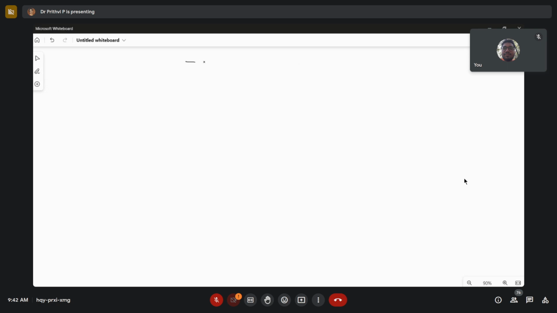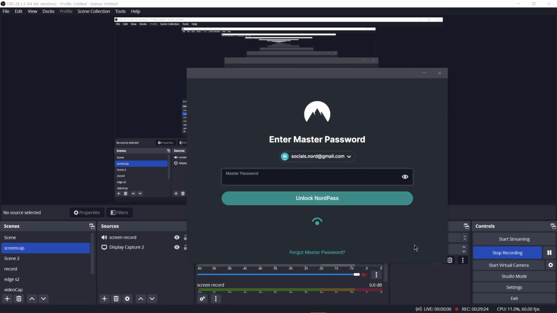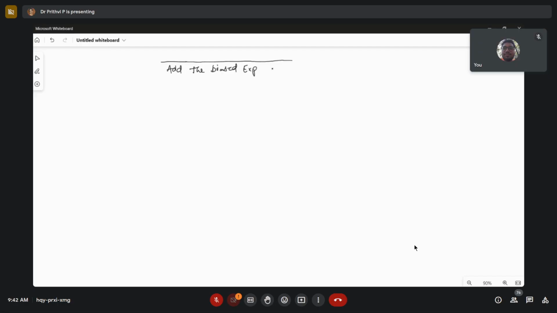Now say, what is the first step is, add the biased exponents. Now we start with finding out the exponent. Okay, add the biased exponents of the two values or two numbers you are multiplying, and minus 127 from the sum of exponents.